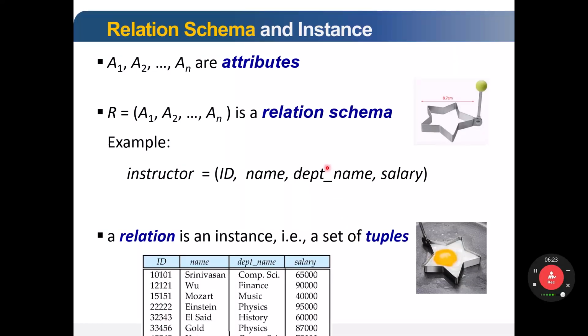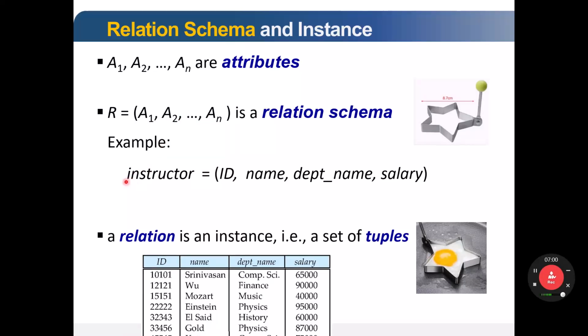Suppose that you modeled the real world and you identified a couple of attributes for a specific entity set. Then you can define a relation schema using those attributes. R is a relation schema, a table schema for a specific entity set, and the definition of R will be a set of attributes separated by commas.